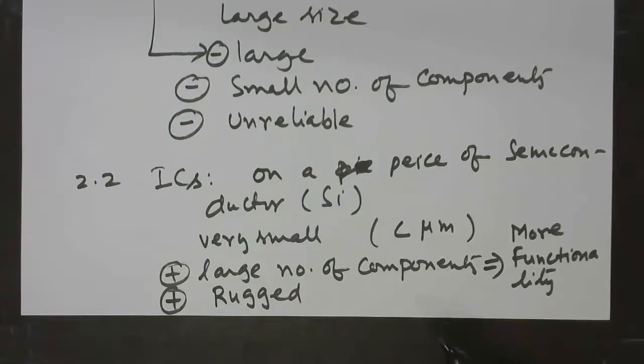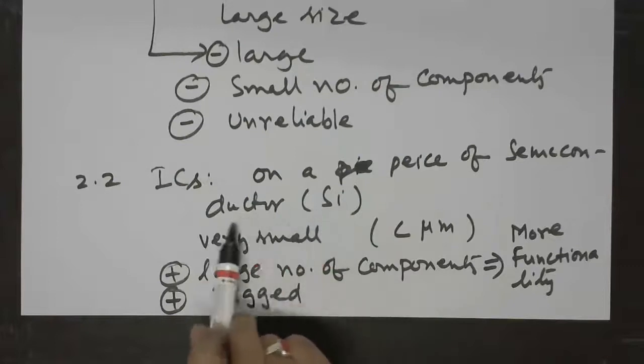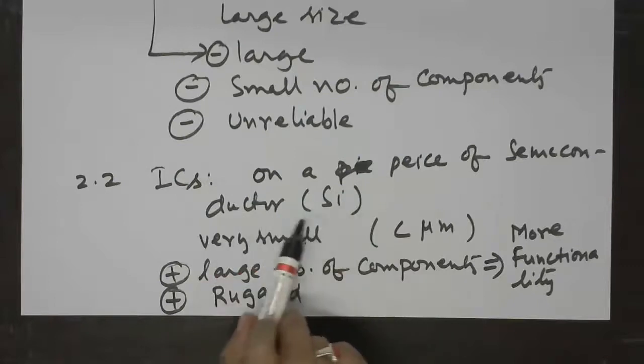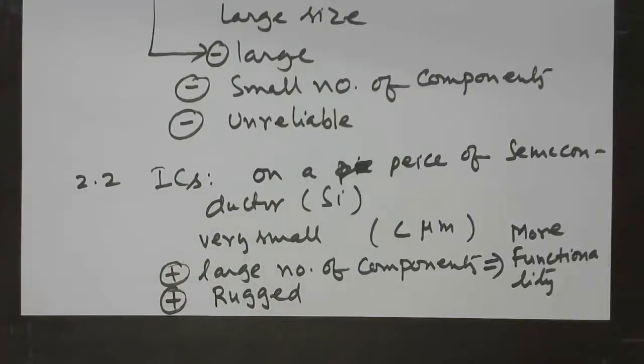And this idea of fabricating all the components on a piece of semiconductor and then interconnecting them to realize an integrated circuit is so important that the person who proposed this idea and successfully demonstrated it was awarded the Nobel Physics Prize in 2000.